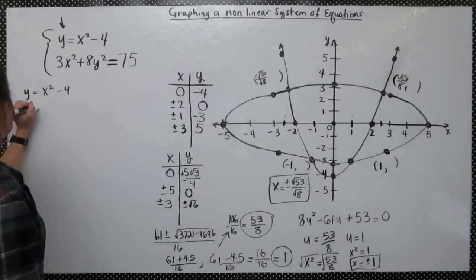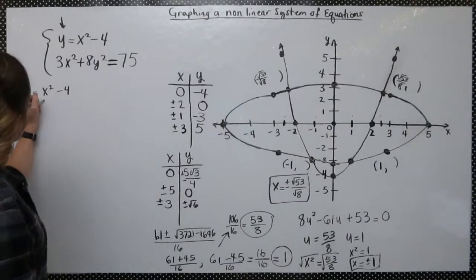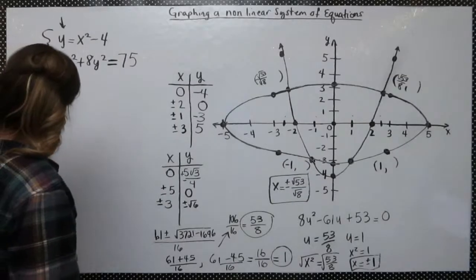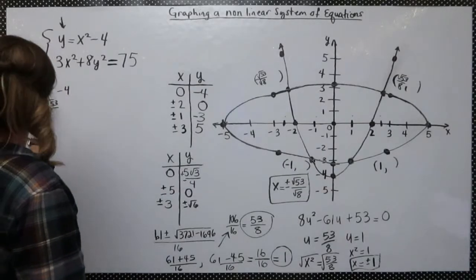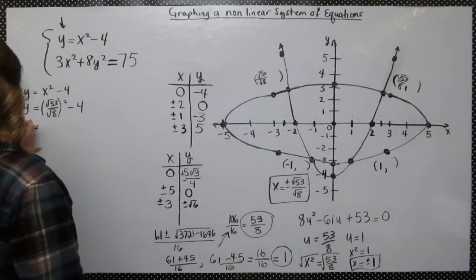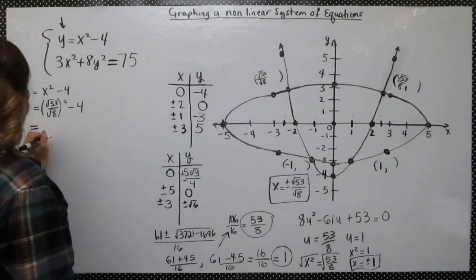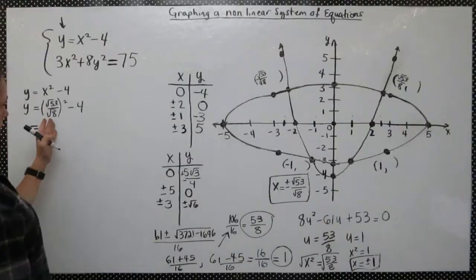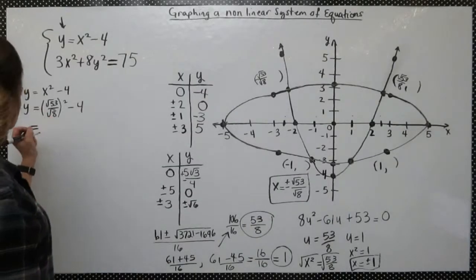So this is going to be y equals radical 53 over radical 8, squared, minus 4. And my marker's starting to dry out, so it's getting a little sloppy. When you square a square root, you just get the number back.